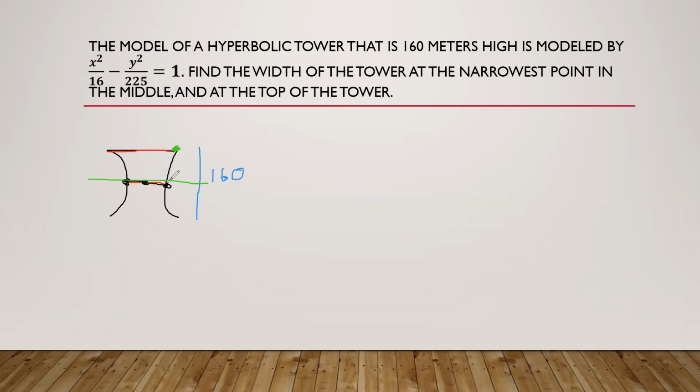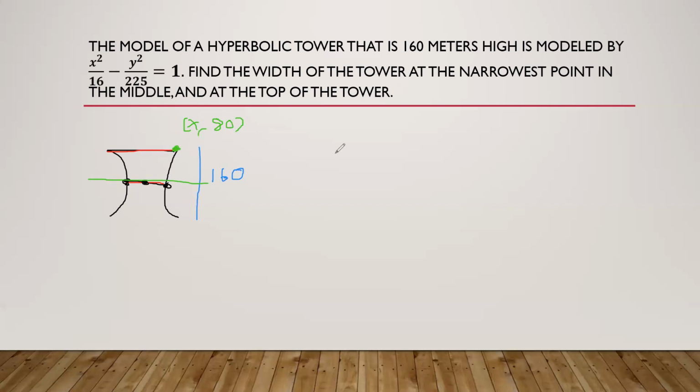From here to the top, that's 80, and from here down, that's also 80. So this point right here is x comma 80. We will use this to find the width at the top.